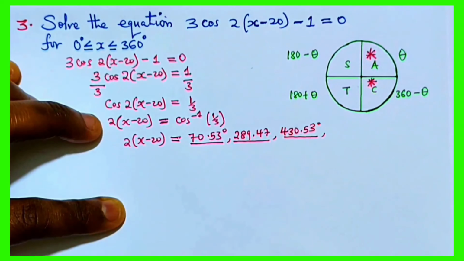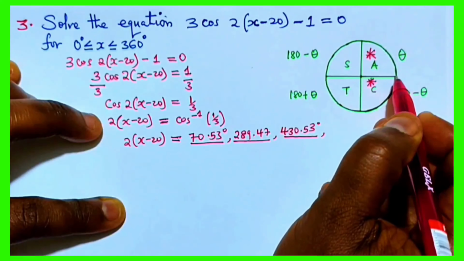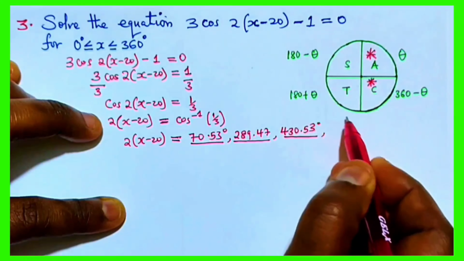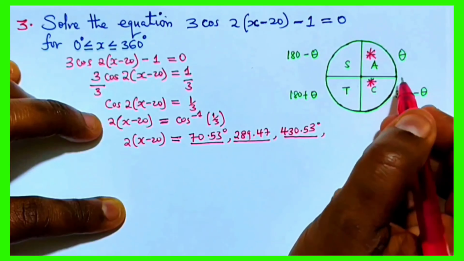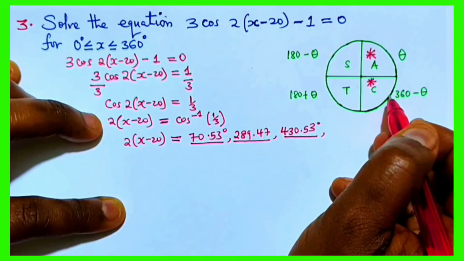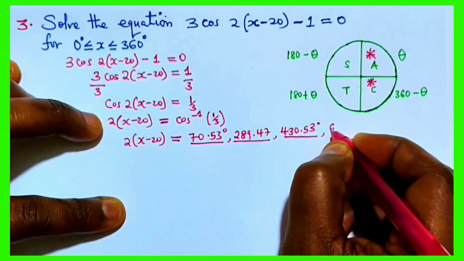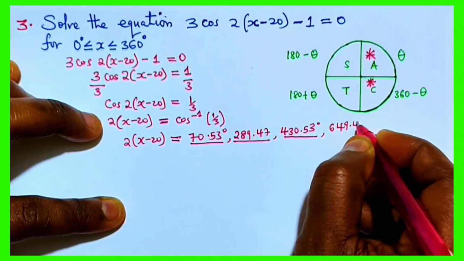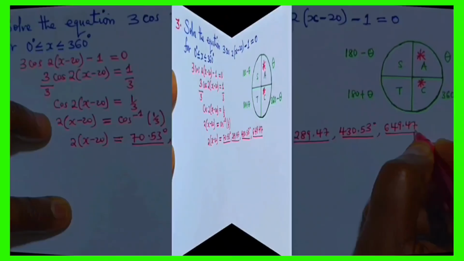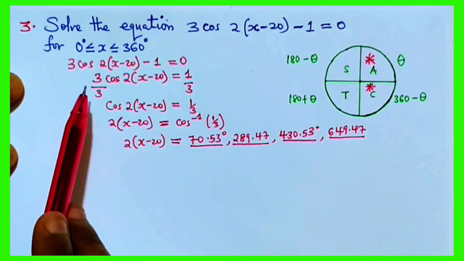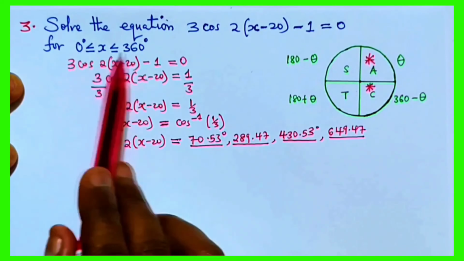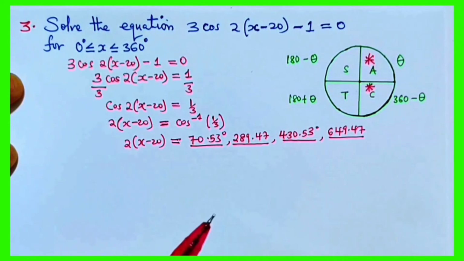And then we can also add another angle, 360. We move all round to 720. And then we subtract 70.53. You're going to get the angle 649.47. The last step will now be to find the value of x that will fall in this range.